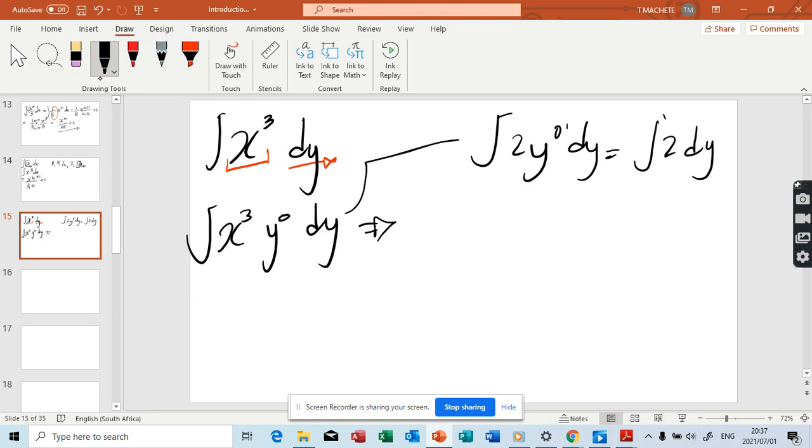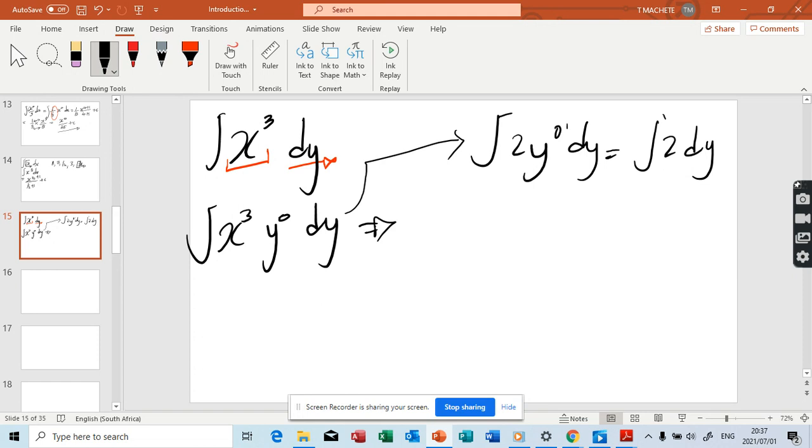This is the same as this. So what's the answer? What are you going to get? What's your answer, guys? Treat x cubed as a constant.